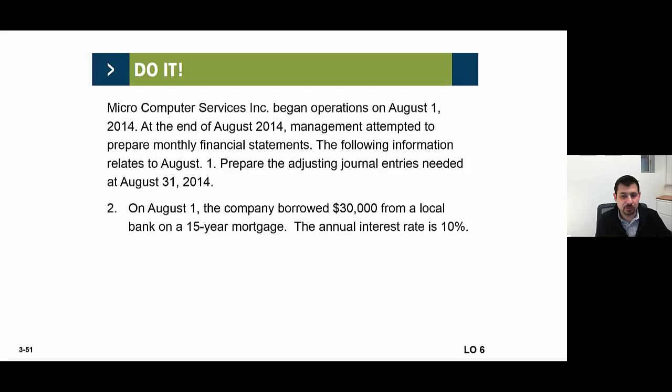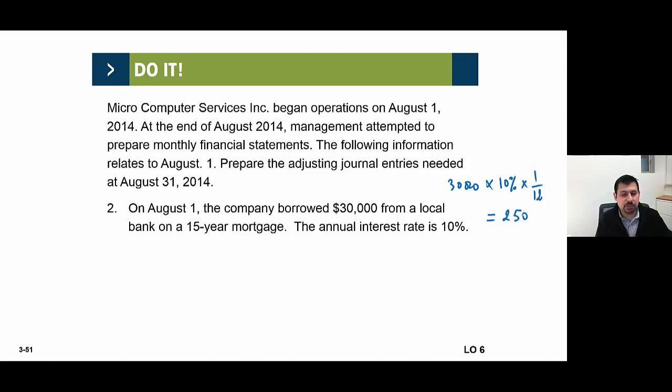The interest amount is the face value, which is 30,000, multiplied by the annual interest rate of 10% per year, multiplied by 1/12 because it's for 1 month, and that amount will be 250.